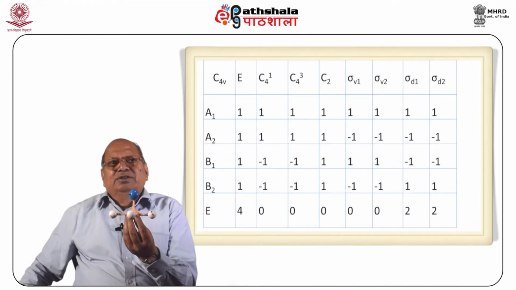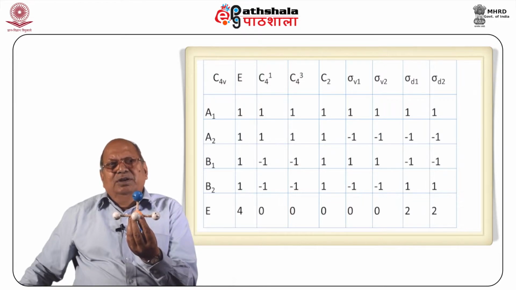The partial character table of the C4V point group is also given beside this. That is, I am having in this character table A1, A2, B1, B2 and E. Total 5 irreducible representations are there, and we will see the effect of E, C41, C43, C2, sigma V1, sigma V2, sigma D1 and sigma D2.